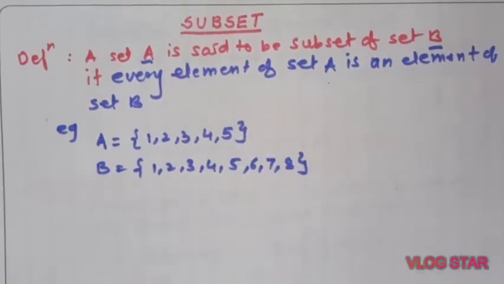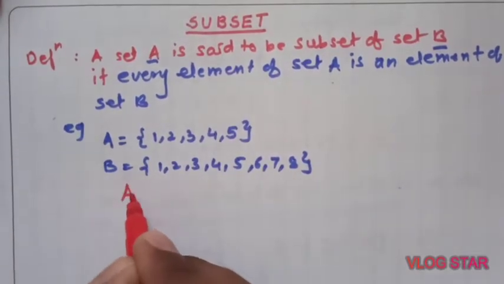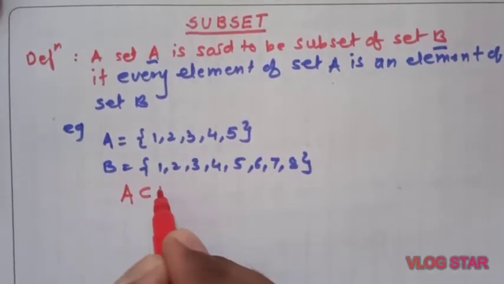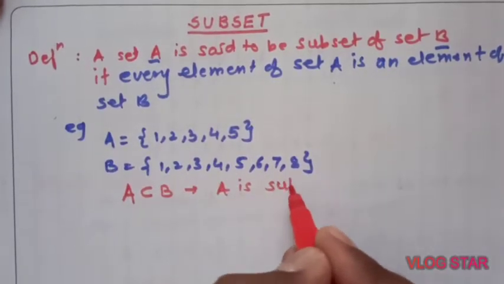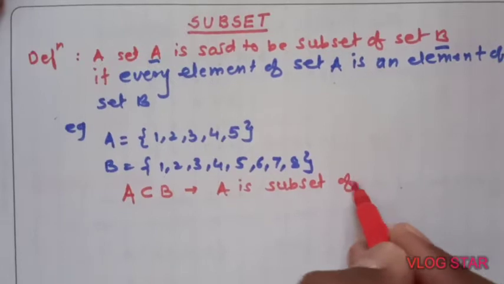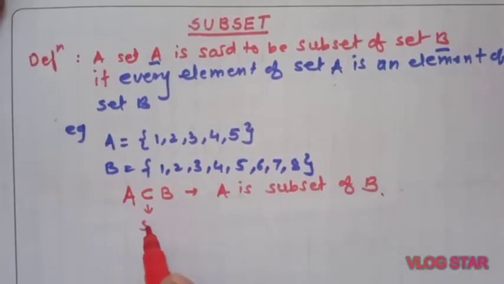But how do we write that A is a subset of B? We write A ⊆ B. Read this as A is a subset of B. So this is the notation of subset.